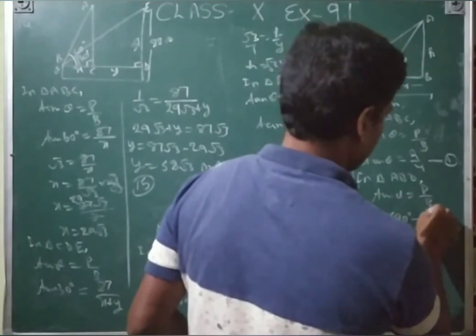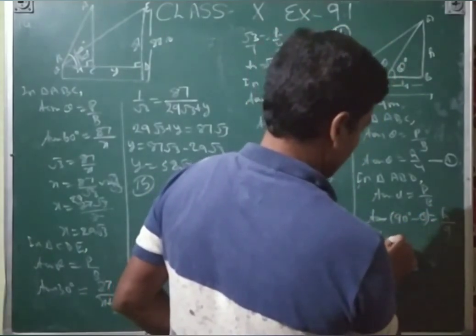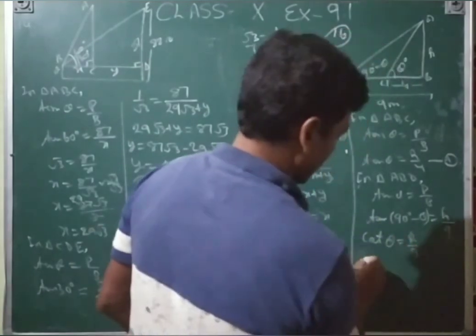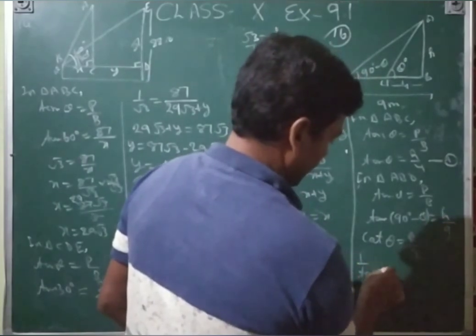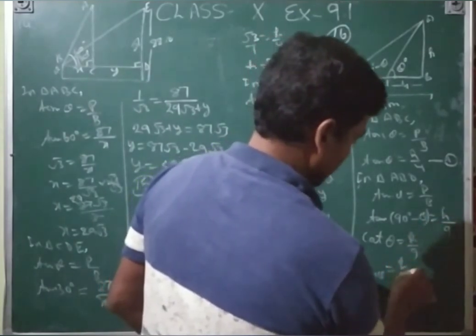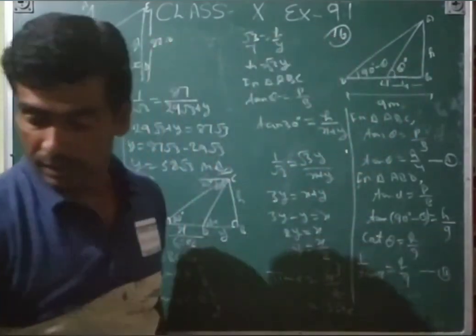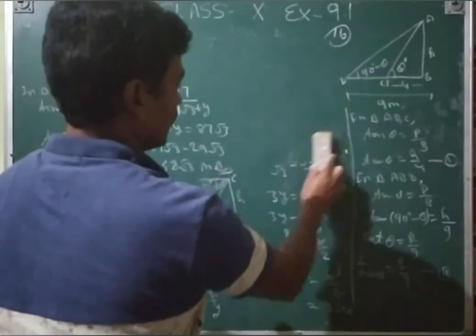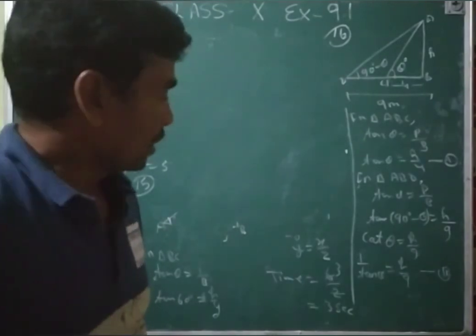Now tan 90 minus theta is equal to cot theta, so cot theta is equal to h upon 9. Cot means 1 upon tan theta is equal to h upon 9. That is the second equation. We are now very near to completing this exercise.